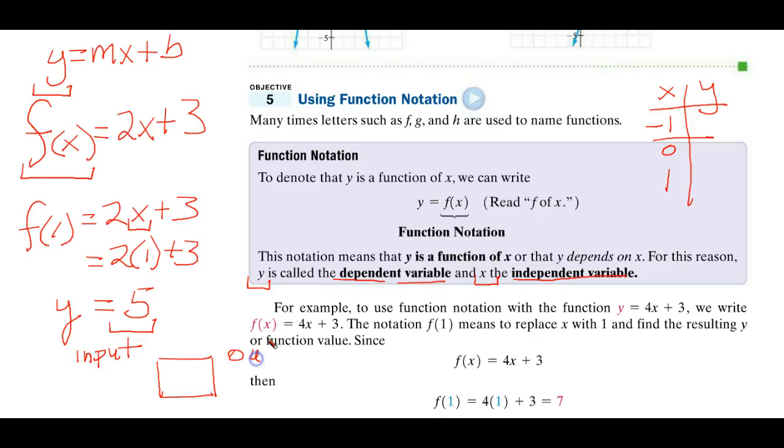Another symbolism you sometimes see for function is we say input and output. We're putting in an x value and we're getting out a y value. So this is your independent variable, this is your dependent variable. So very similar to what we've done before.